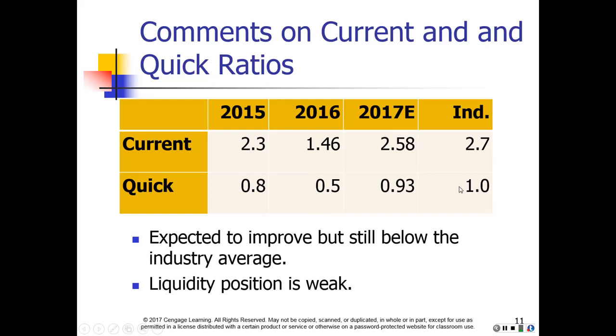The liquidity situation is not quite up to par with the industry, although it has improved. It's expected to improve because these 2017 numbers are expected numbers, but still below the industry average. So we would say that the liquidity position is rather weak for this company.